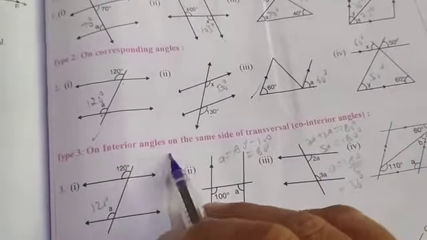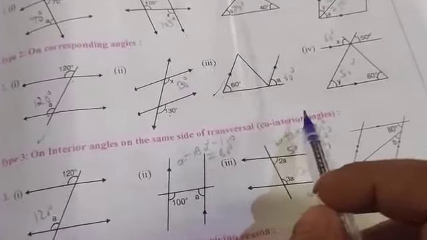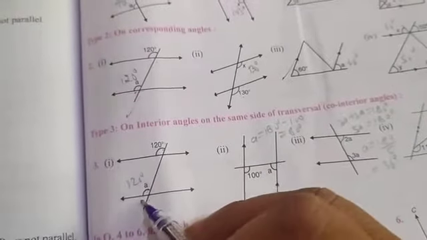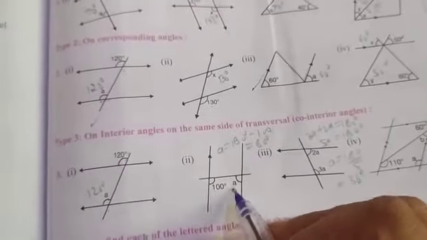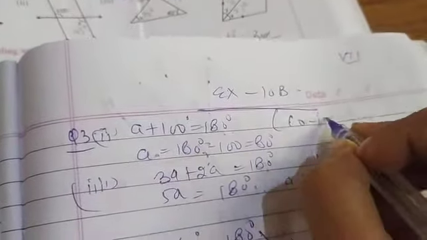Type 3: interior angles on the same side of the transversal, that means co-interior angles. A plus 100 is 180 degrees, co-interior angles.